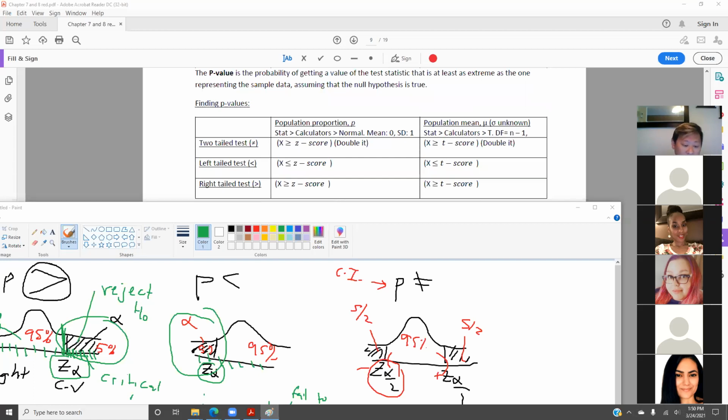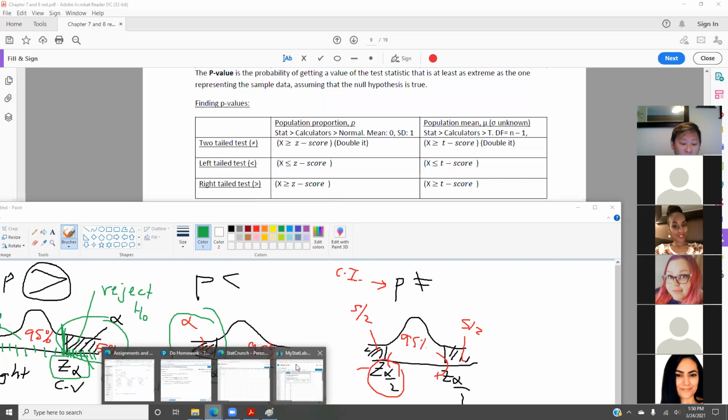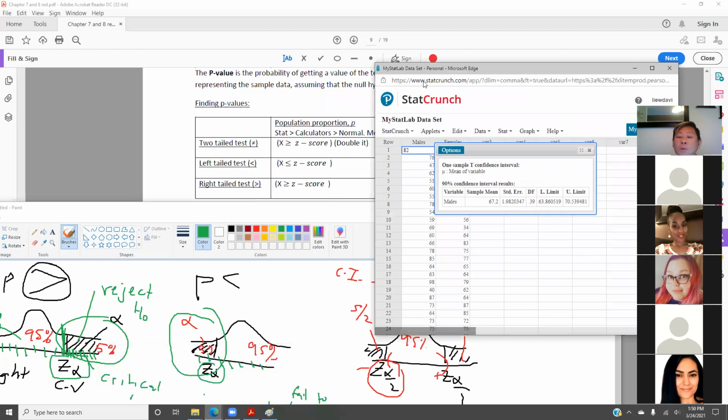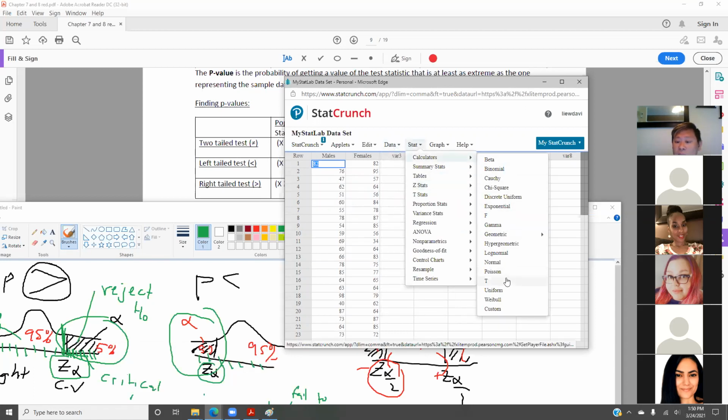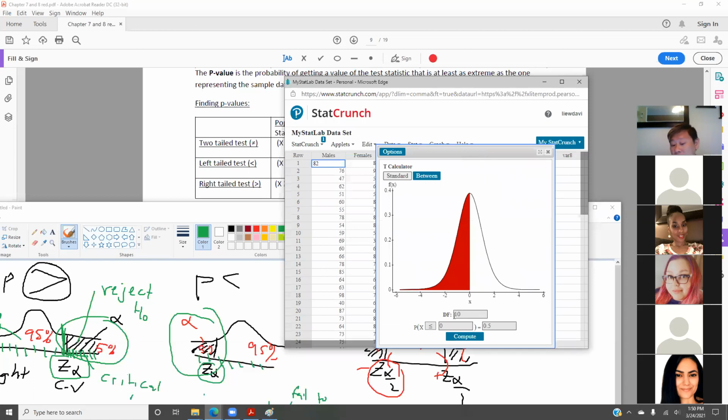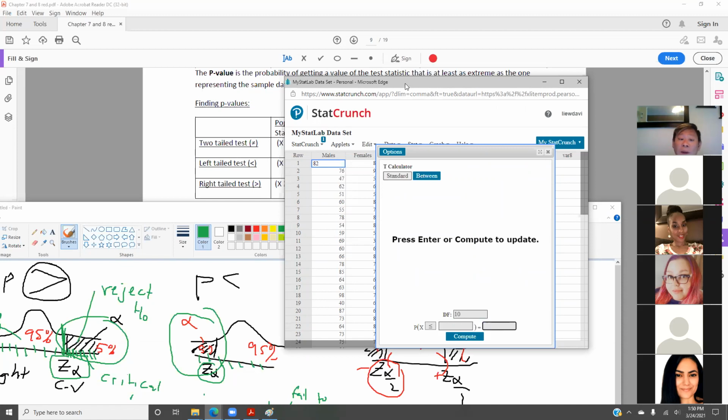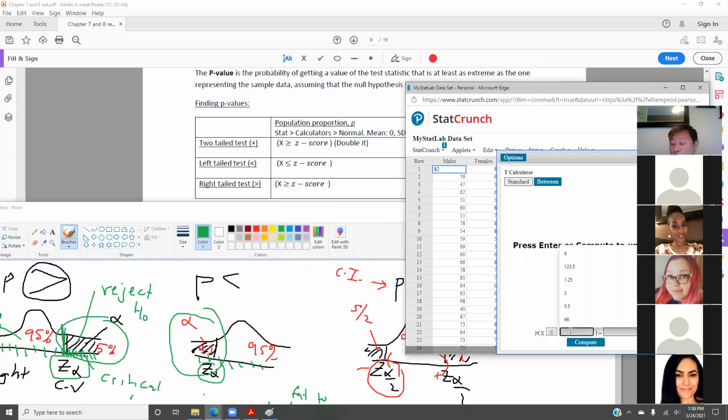So last time, if you remember, let me show you how you find it. When you do the calculators using t, we always put the degree of freedom, and then we change this less than, greater than, and then we put this over 2 or something like that, right? So now, in order for you to find the p-value, you have to actually enter the score here.